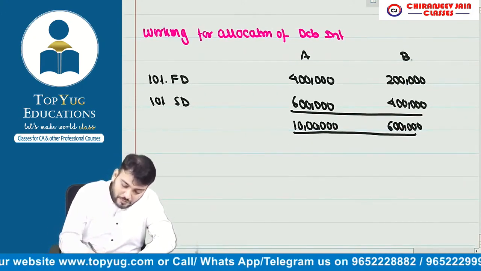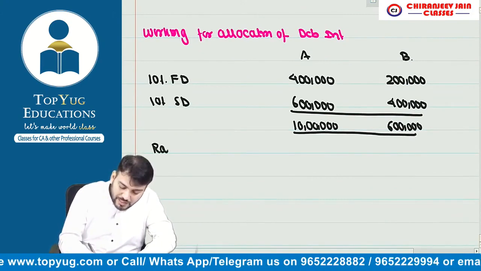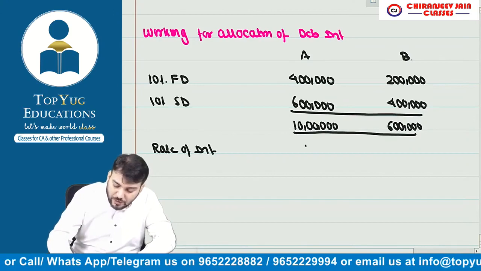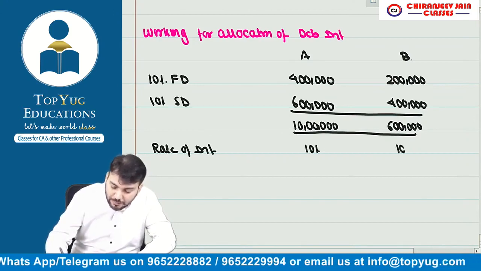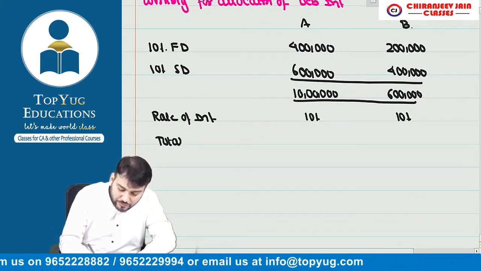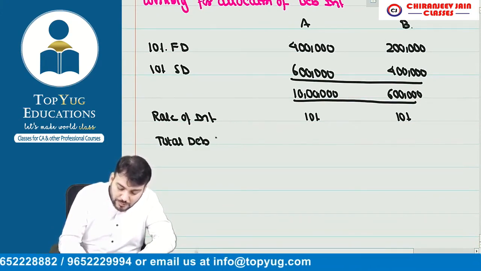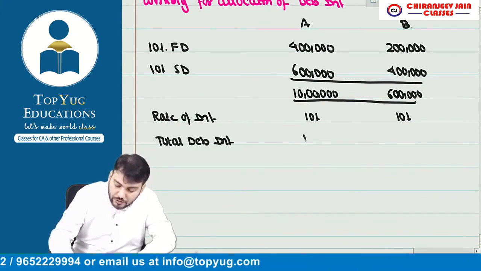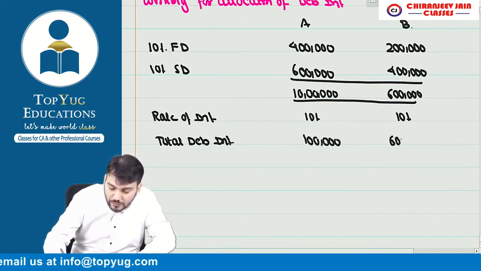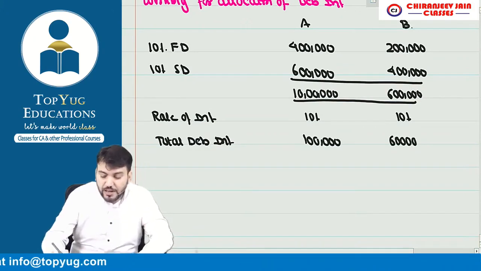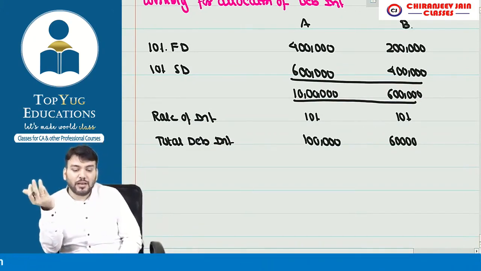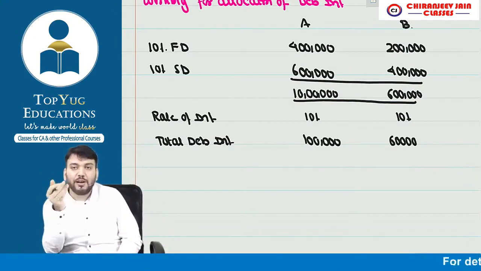Correct? Understood? Okay, rate of interest is the same. Rate of interest is what? 10%. So tell me the total debenture interest. Total debenture interest is equal to 1 lakh and 60,000, and total debenture outstanding is also the same. Therefore, allocation is not required, this will be 1 lakh and 60,000.